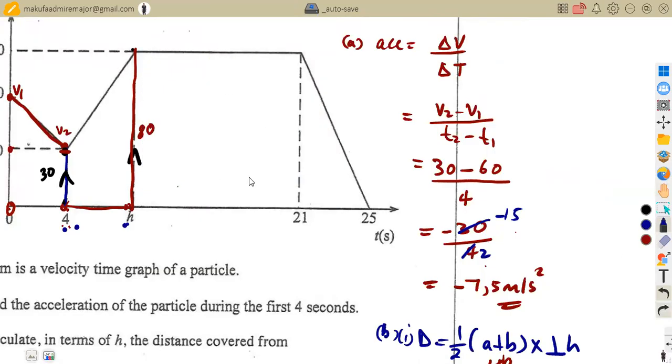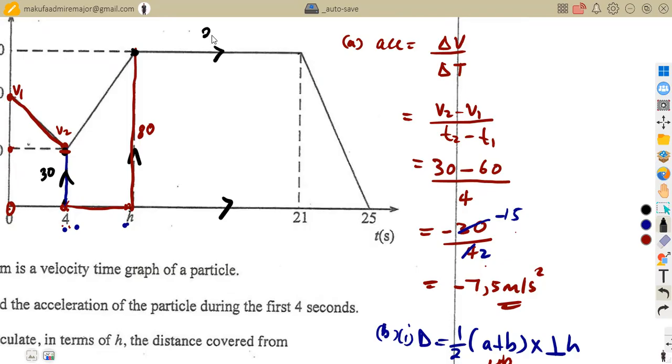So you're going to need half. This time, the sides that are parallel are these ones on top, the sides that will never meet. So we are referring from this point, which is at h, up to 21. So the length is going to be the difference, 21 minus h.